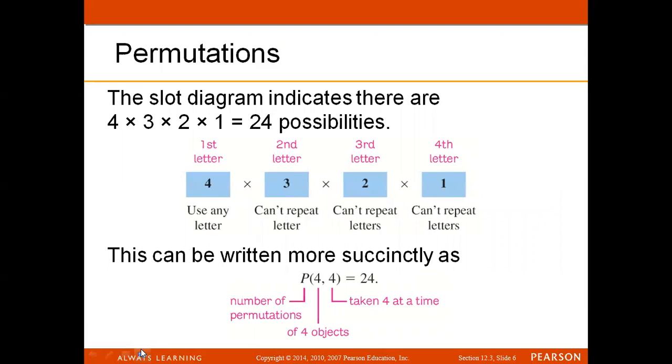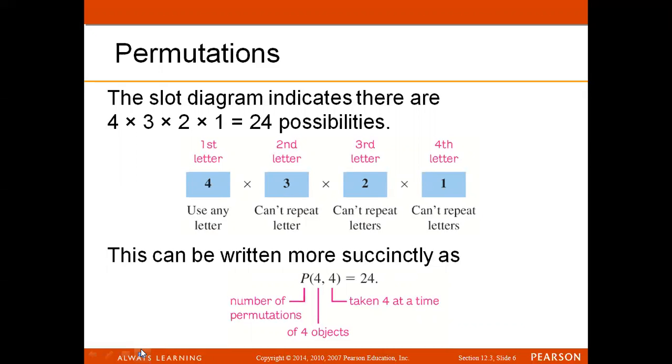The slot diagram indicates there are 4 ways to choose the first letter, 3 ways to choose the second letter because letters can't be repeated, 2 ways to choose the third letter because we've already used 2 of them, and 1 way to choose the last letter, giving us 4 times 3 times 2 times 1, or 24 possibilities.